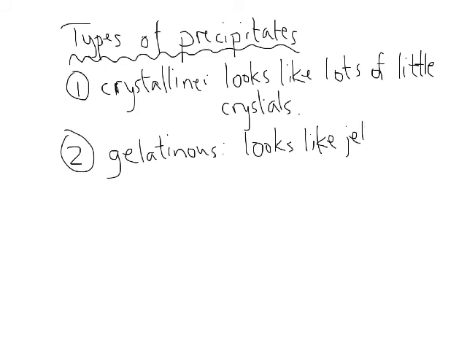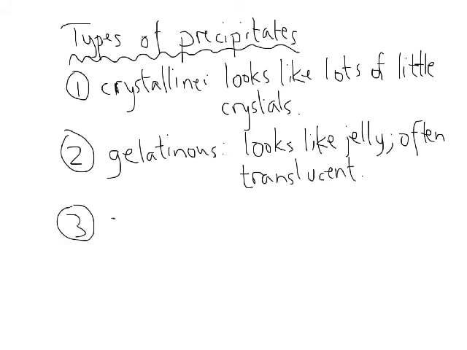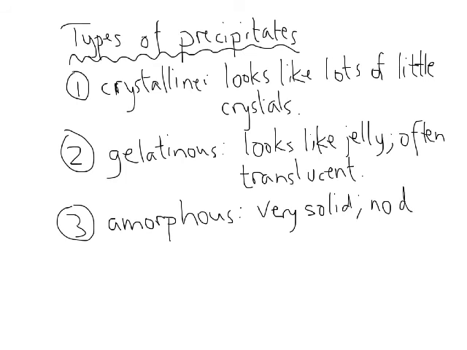It's often translucent, which means you can half see through it. And our final precipitate is amorphous, which is very solid and there are no distinct features. It looks like one big mass. When you're doing the experiment this week, you might like to think about whether the precipitate you produced was crystalline, gelatinous or amorphous, and practice using those words.